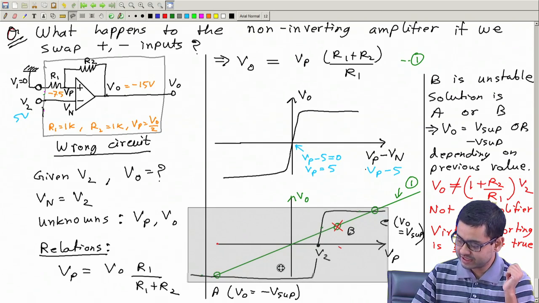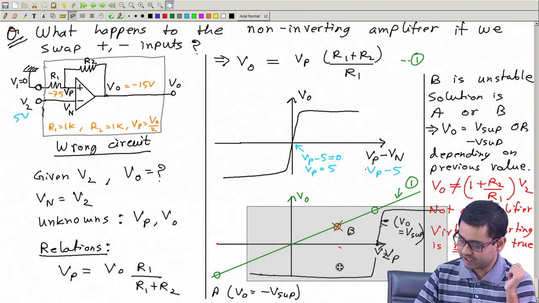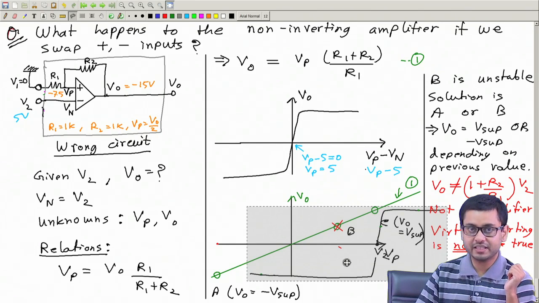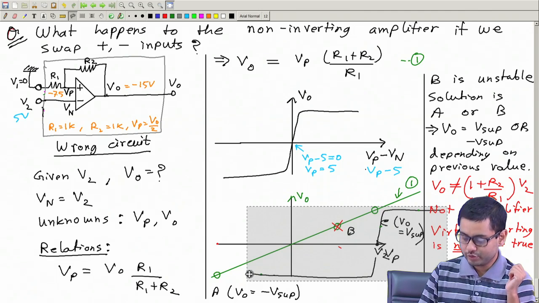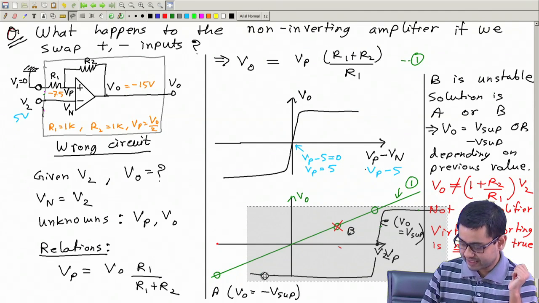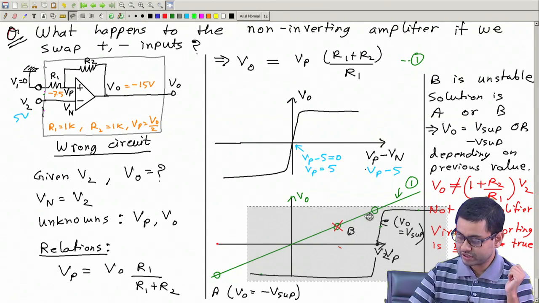But if I increase it a lot and bring it here, then the green line and the black line will intersect only at one point. If I extend this black line, it will intersect here, so only point A is the one solution. Point C doesn't exist anymore because in this direction they will not intersect.